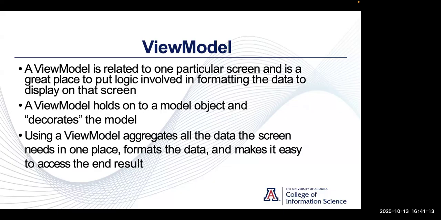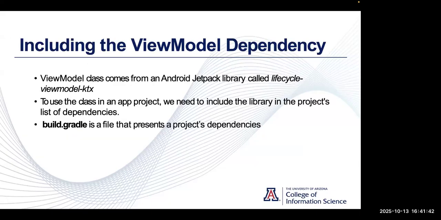When we talk about the model, I'm talking about the model class, which is a place to hold the data. Using a view model aggregates all the data that the screen needs in one place, and formats the data to make it easy to access the end result.